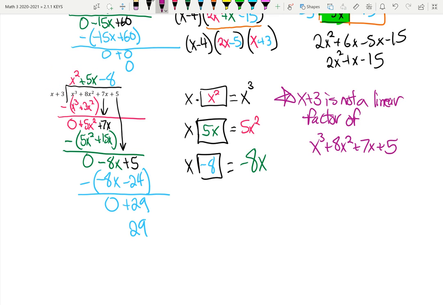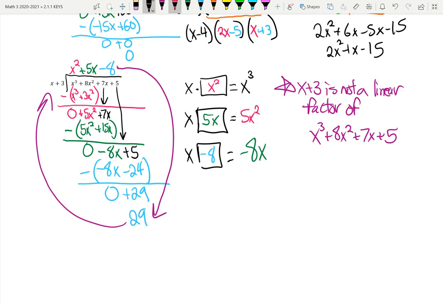Instead, I want you to think around the world. So you're going to go boom, clockwise, boom, boom. And the reason I do that is x squared plus 5x minus 8. And then what is the remainder? Well, the remainder is 29 over x plus 3.